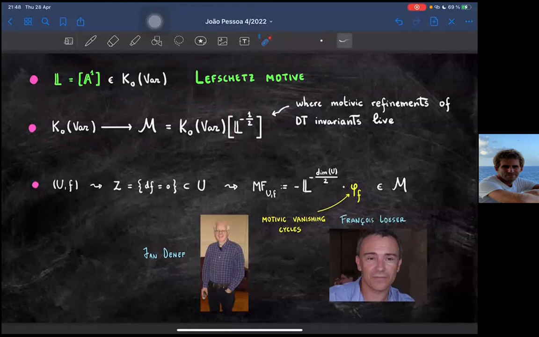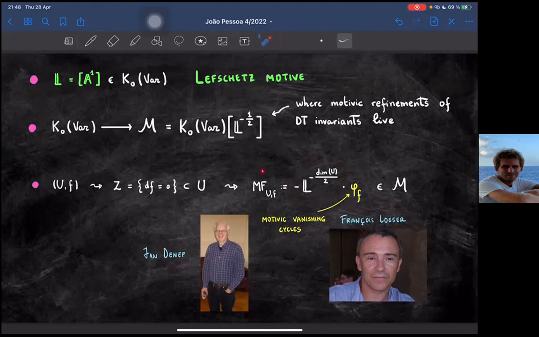Now, the upshot is that if you have a critical locus, so you start with a pair, a complex manifold and a holomorphic function, you take f equals 0. Now, a very powerful and important construction, by Denef and Loeser, is a construction of a certain class, which is called the motivic vanishing cycles, which is the analog of the sheaf of vanishing cycles that we saw earlier, times a shift by a power of the Lefschetz motive.